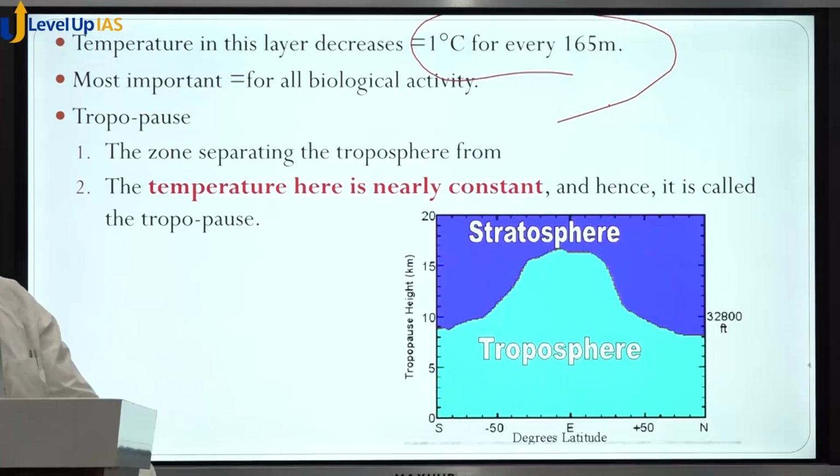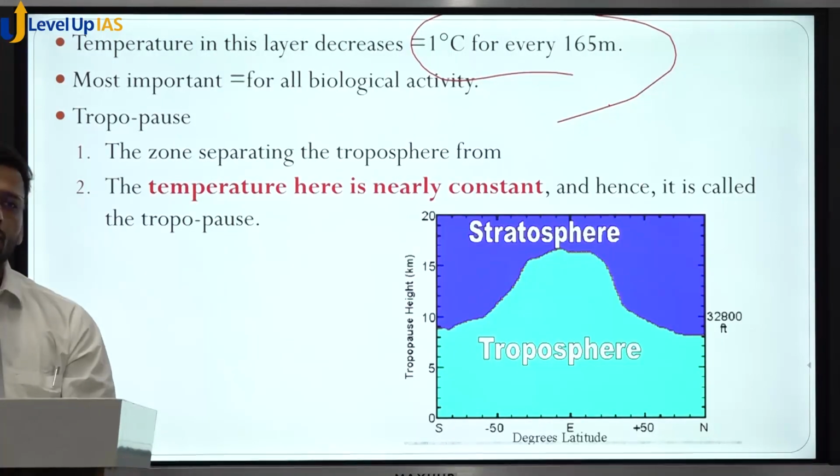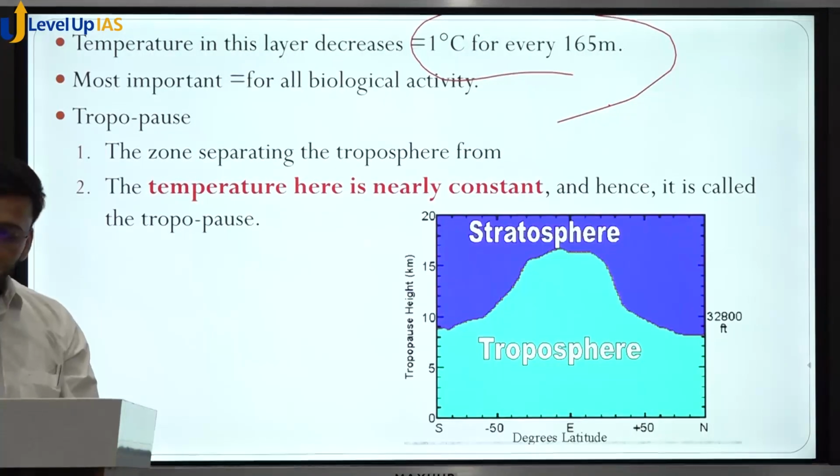If at the height of 0 the temperature is 35 degrees Celsius, then at 9,500 meters up, you have to divide by 165 meters and then the answer will come for how much temperature will be there at the top of Mount Everest. These types of questions can be asked in the UPSC exam. These are application based questions.